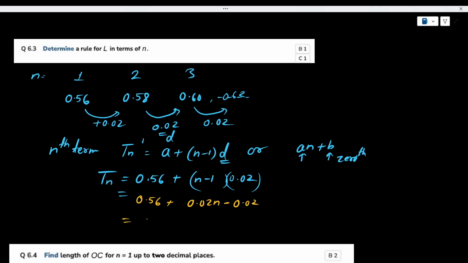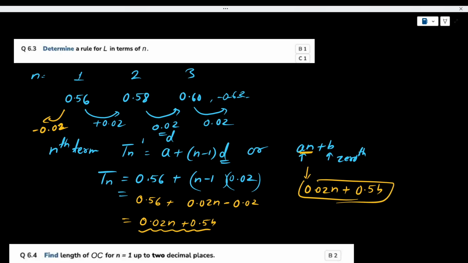So your nth term is 0.02n plus 0.54. Here also, if I use the standard form, a is the common difference, so directly you get 0.02n, plus b, the zeroth term. Going to the left side, it will be minus 0.02, which is 0.54. So this is your nth term formula.